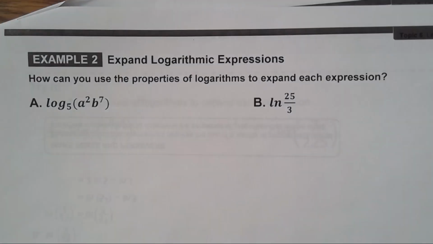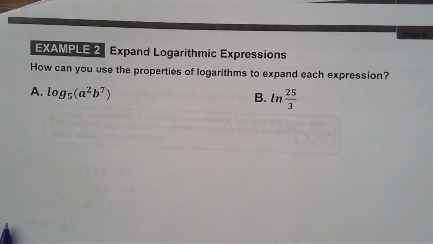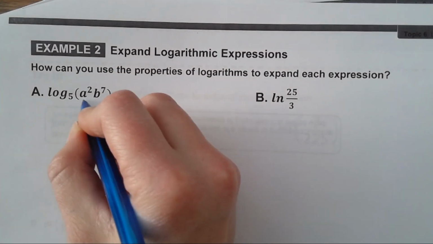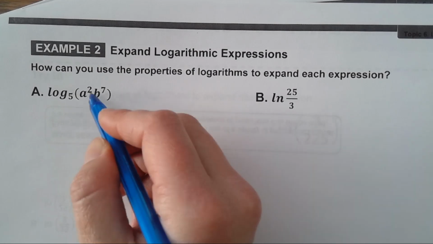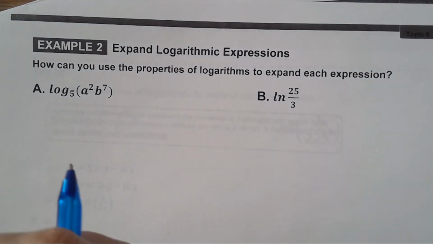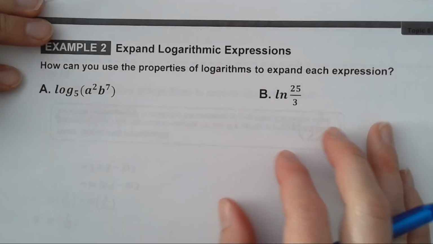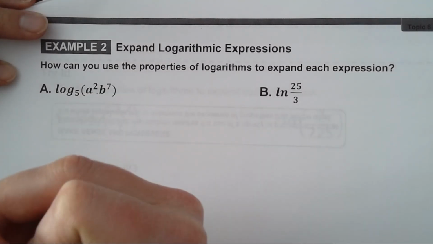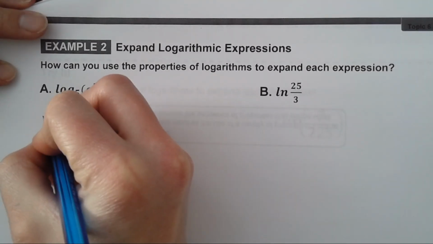Alright, so here is the first one. So we have the log base 5 we got to look at. We got multiplication and we got some exponents. We're going to do two things at once. Okay, so first I want you to think, okay, we're multiplying. Let's separate that, which means that I should add my two logs.